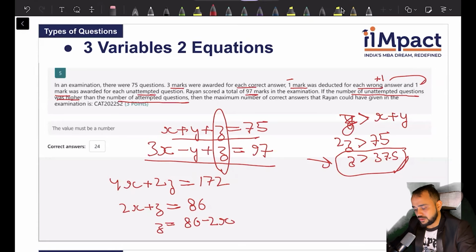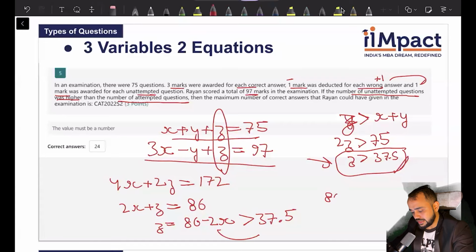All right. Now this is given to you as z greater than 37.5. Now simply rearrange this. 86 minus 37.5 is greater than 2x, or you divide both sides by 2, you will get 43 minus 37.5 by 2 is greater than x.